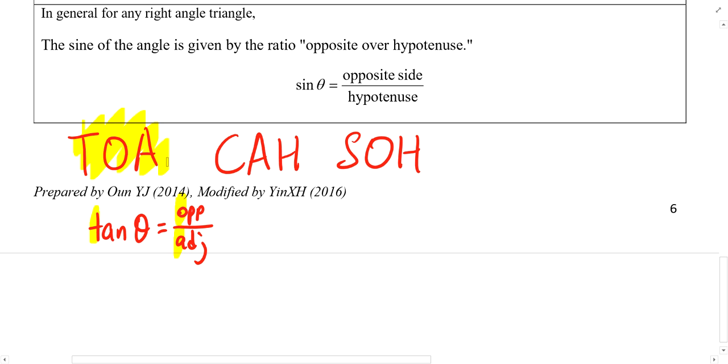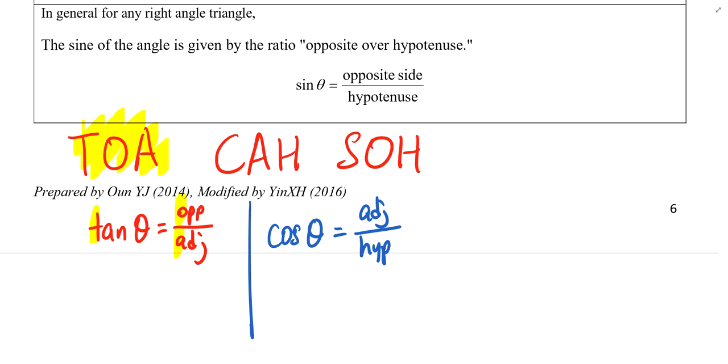The next one, we have cosine theta, we shorten it to COS. This will be adjacent over hypotenuse. Now you know why I don't know how to spell? Because every time I have to write it out, I write HYP, which is fine.